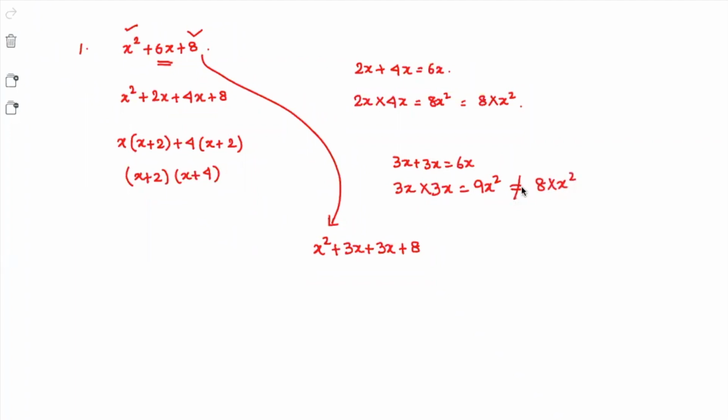That is why we cannot consider 3x and 3x. Similarly, we cannot consider 5x and x. 5x plus x is also 6x, but 5x into x will be 5x square, which is not equal to 8 into x square.